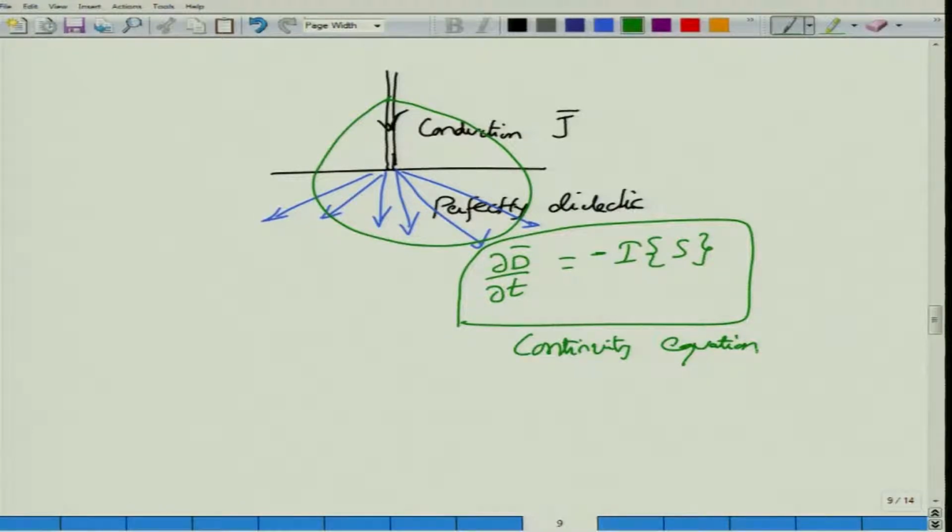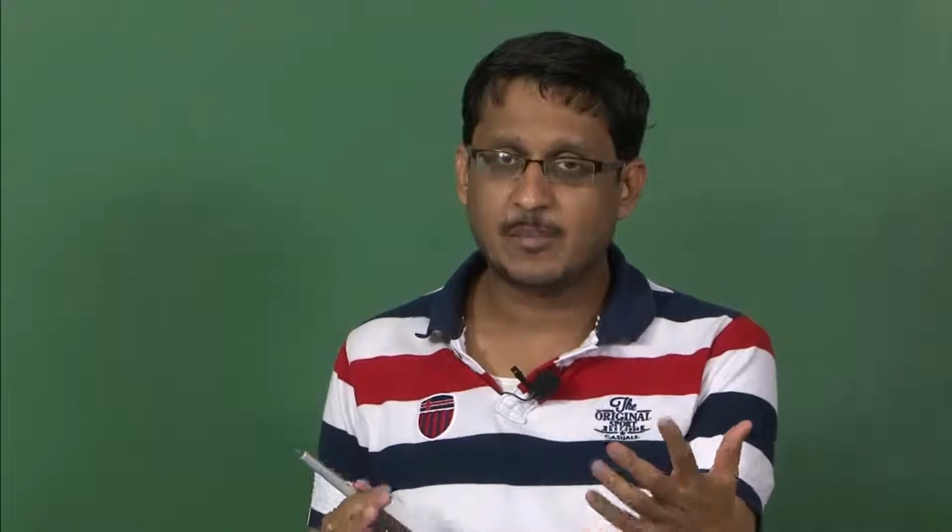So, we have now come up with a consistent way of writing down all the equations that agrees with all the experiments. Of course, it was Maxwell who introduced this displacement current, and the importance of displacement current is this. In vacuum, there is no way of having free charges or free currents, so there is no conduction current.